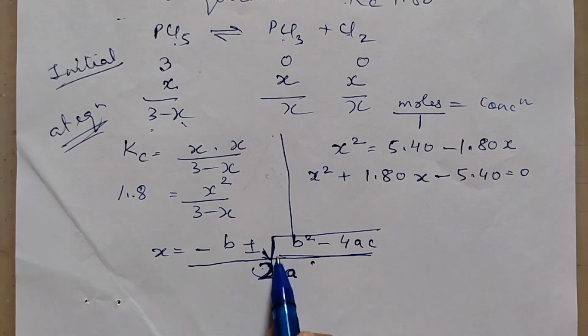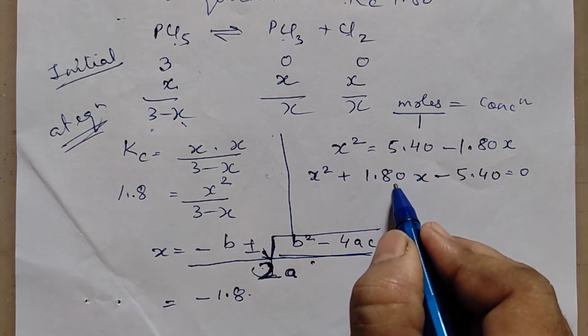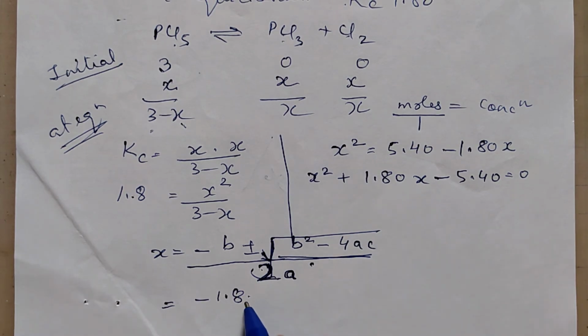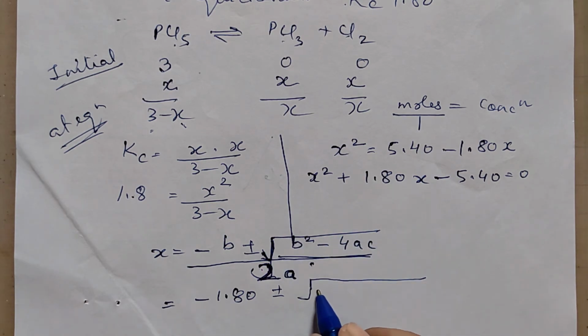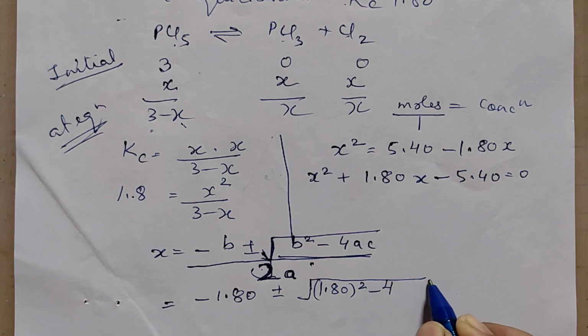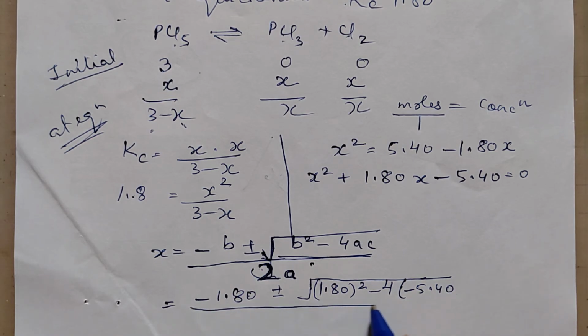Now we can put the values here: minus 1.8, that is the b term, plus minus root of 1.80 square minus 4, where a is 1 only, into c, that means minus 5.40, divided by 2a, so 2 into 1 again.